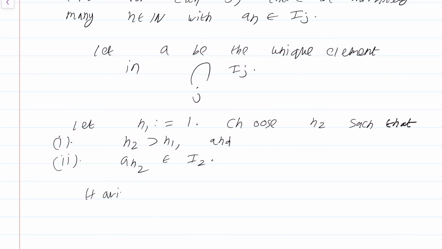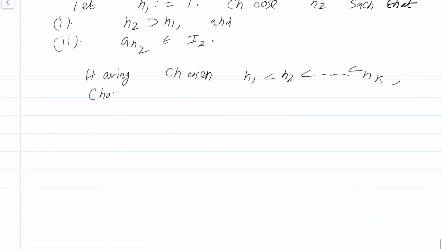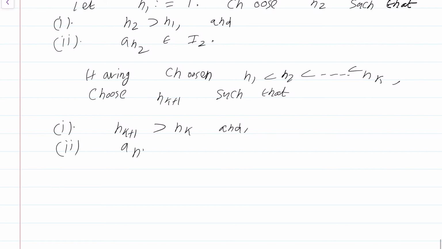Having chosen n1 less than n2 dot dot dot less than nk, choose nk plus 1 such that nk plus 1 is greater than nk, and a_{nk plus 1} is an element of I_{k plus 1}.